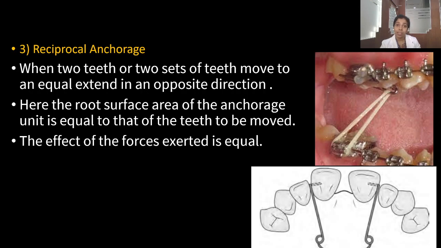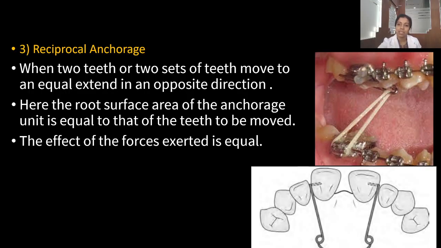And when we are correcting crossbite, in the first picture elastics are used through the bite, that is, when the elastic passes from the lingual or palatal aspect to the buccal aspect. When the elastics are moving for the correction of crossbite, actually what's happening is one unit which is acting as the anchor unit is becoming the moving unit also to correct the crossbite.